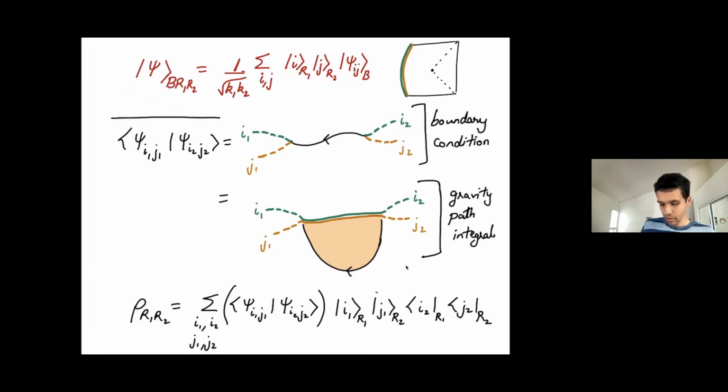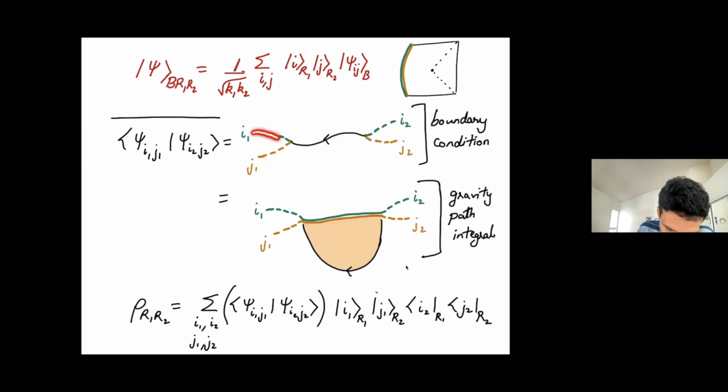How do we now compute the reflected entropy? First, let's discuss how we compute overlaps between these states. The overlap between psi I1J1 and psi I2J2, which are states of the black hole, is essentially done by computing the path integral. We have boundary conditions where we fix some asymptotic boundary conditions at infinity.